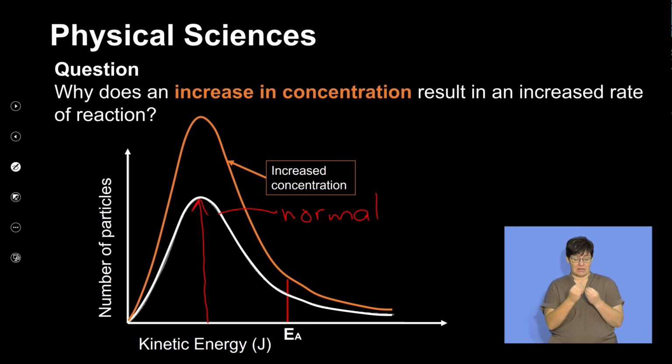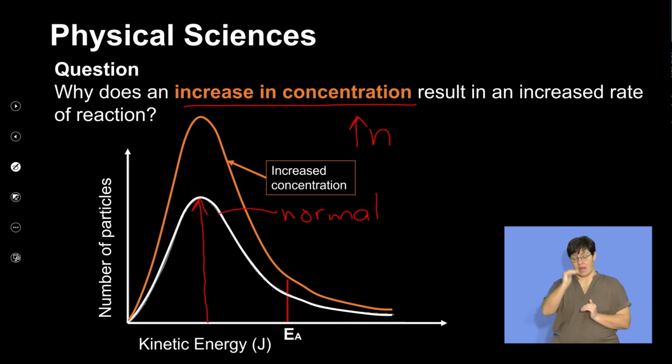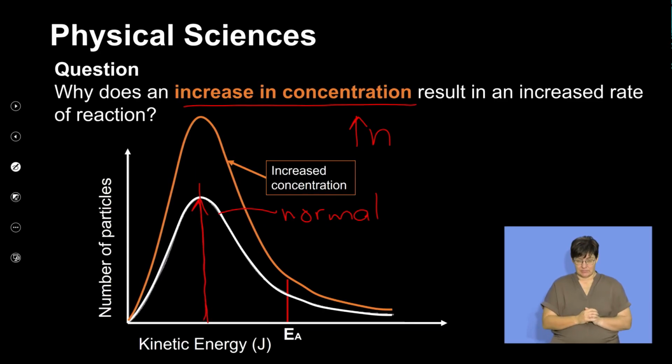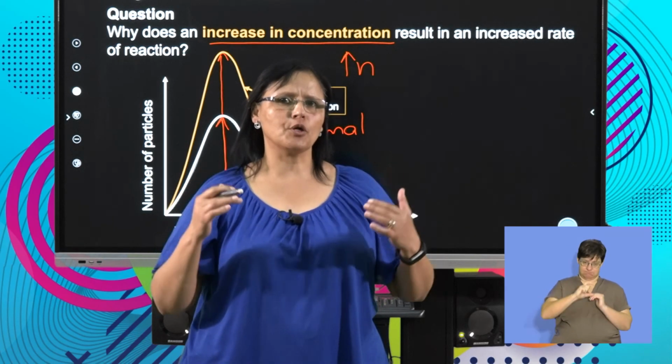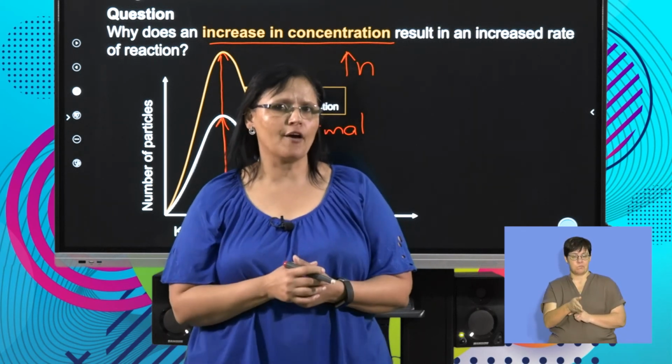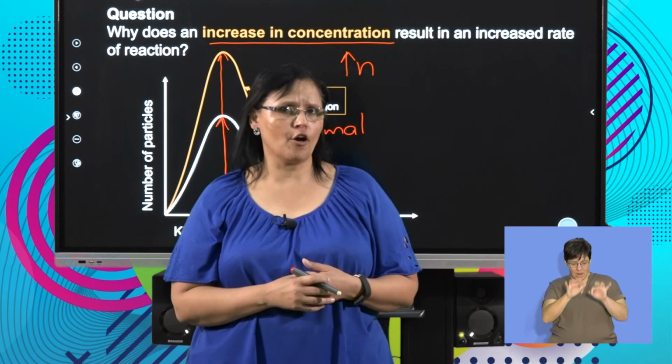But when we have an increase in concentration, we now have an increase in the number of moles, so the number of particles is now more than before when we had a lower concentration. You can see if you look at the peak here, your curve is now a little bit bigger than before. That bigger curve is because of the larger number of moles, the more particles that we have under the graph, in the area of the graph.